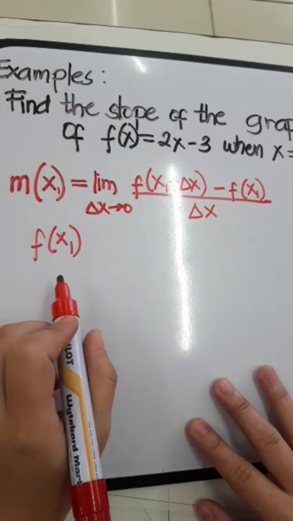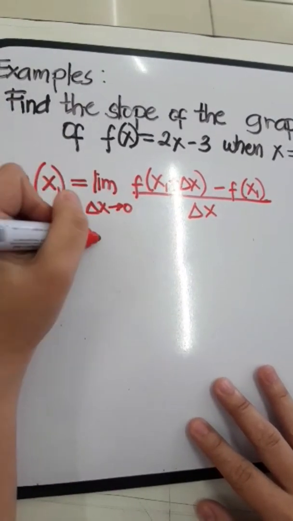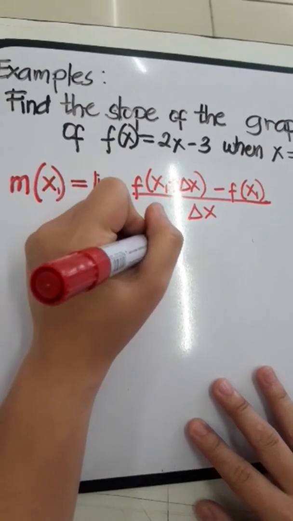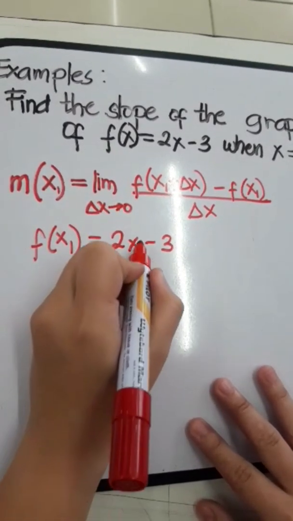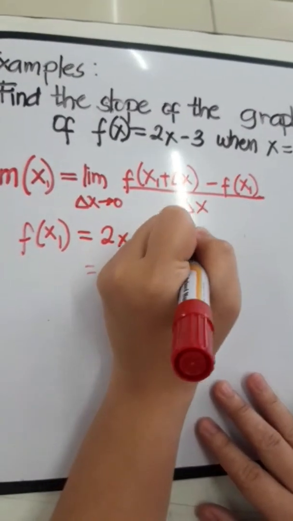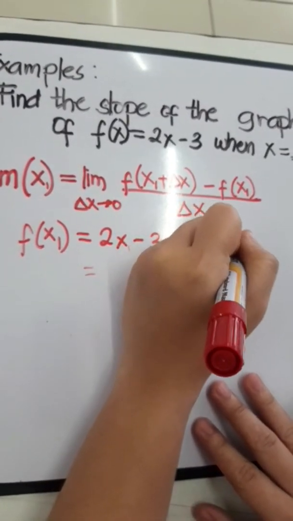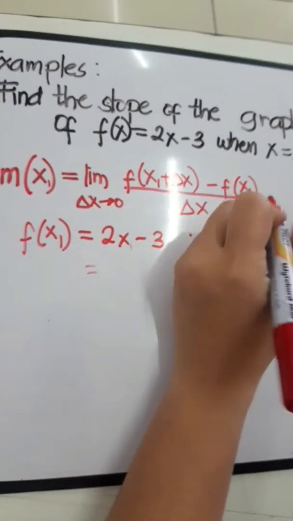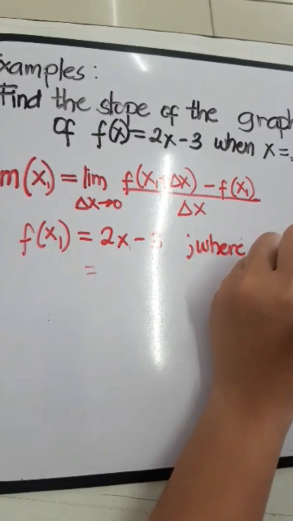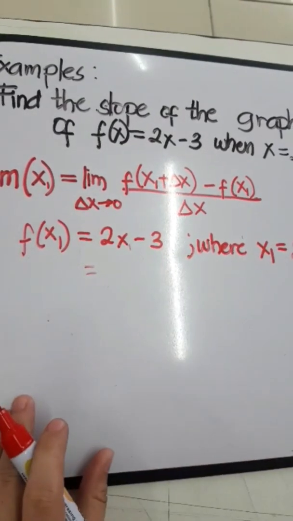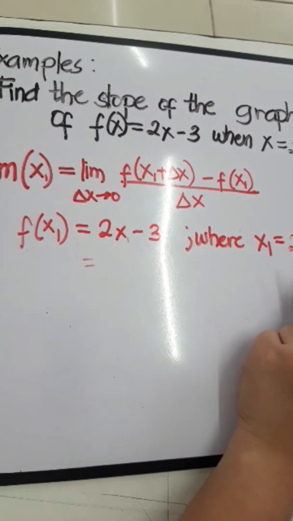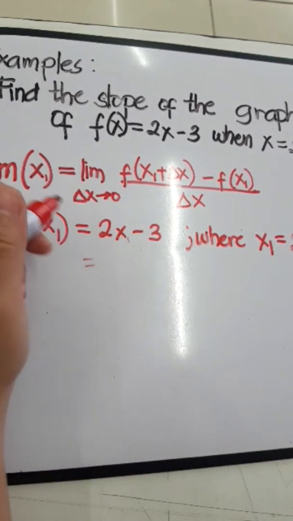Okay? So f of x sub 1 will be 2x minus 3. Then we are going to substitute the value of x sub 1, which is equal to 2, in our function.